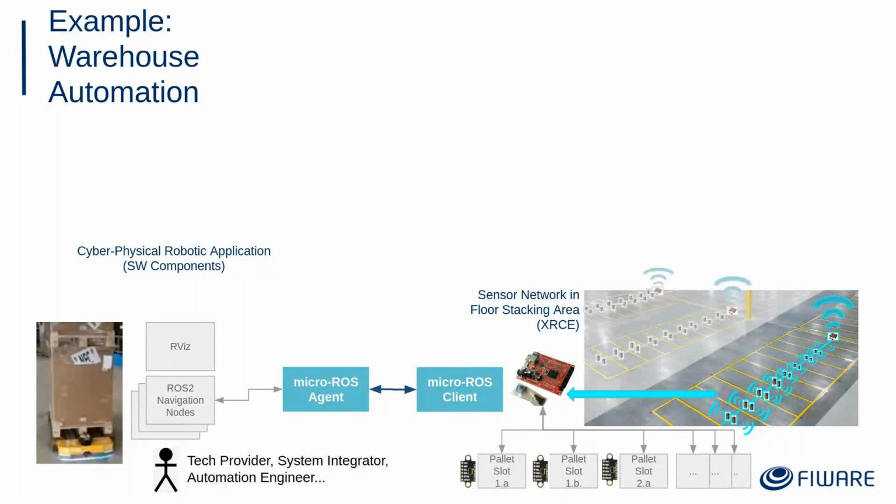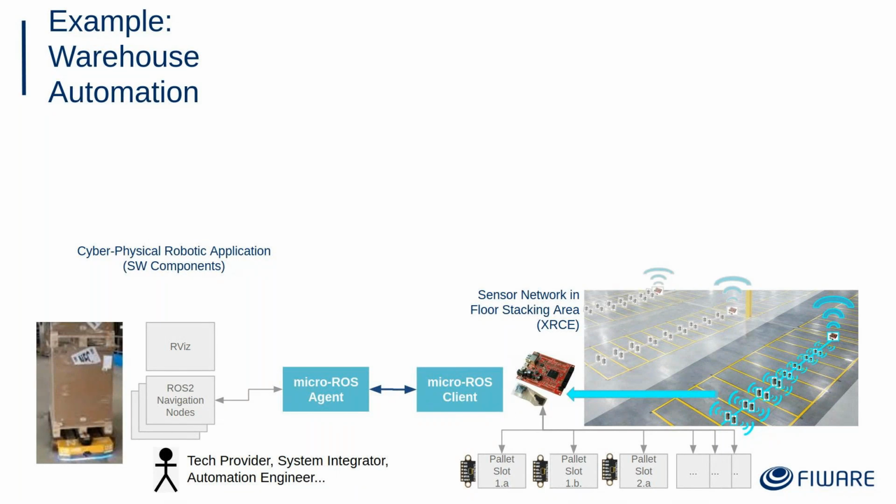So this is the part that micro-ROS is solving. We will have micro-ROS nodes running on the smart sensing devices, and then using the Micro XRCE-DDS agent, we can communicate with the agent that runs on the ROS2 ecosystem.